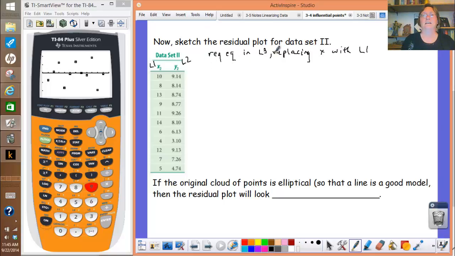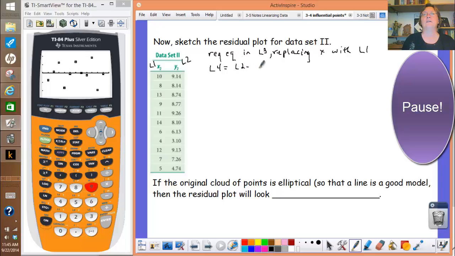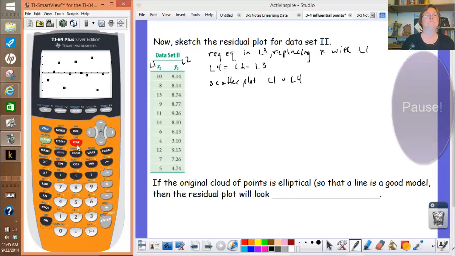Once we have that in our list 3, we want to get in list 4 the actual residuals. So this would be actual Y in list 2 minus predicted Y in list 3. And then we want to see a scatter plot of list 1 versus list 4. All right, will you go do that, please?